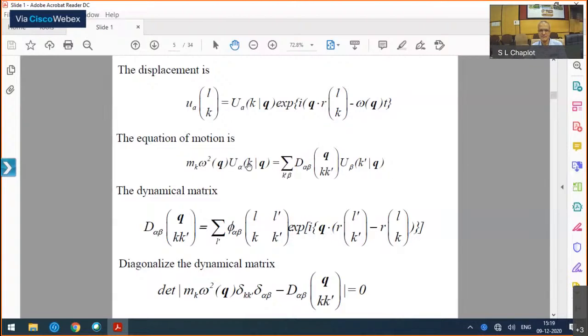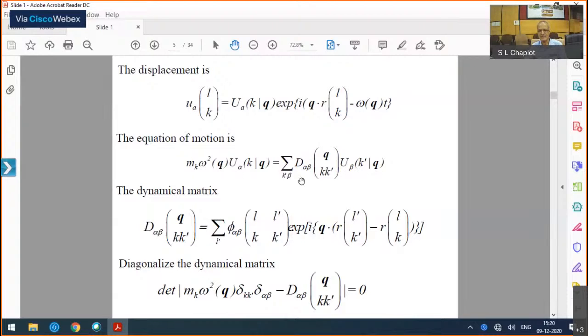This equation of motion essentially connects the amplitude for the atom K in a direction alpha. Alpha is the direction, which can be along one of the three orthogonal Cartesian axes. And these are the corresponding amplitudes for all the other atoms in the primitive cell. So that's the atom K, and there are all the other atoms, including K.